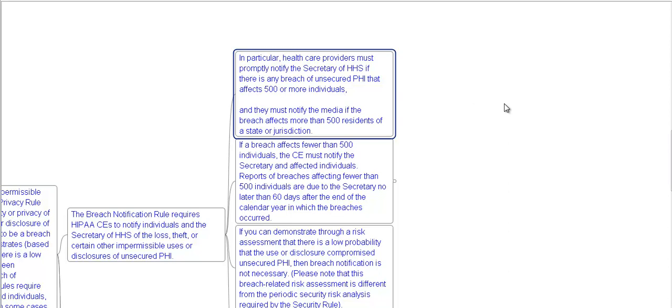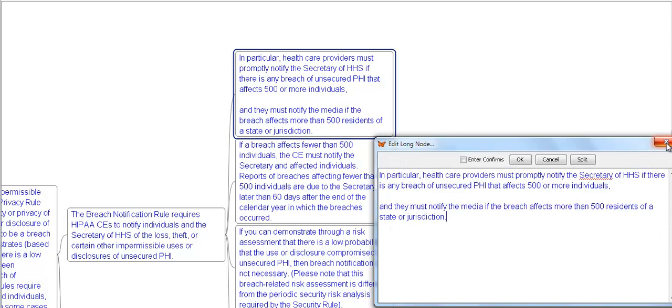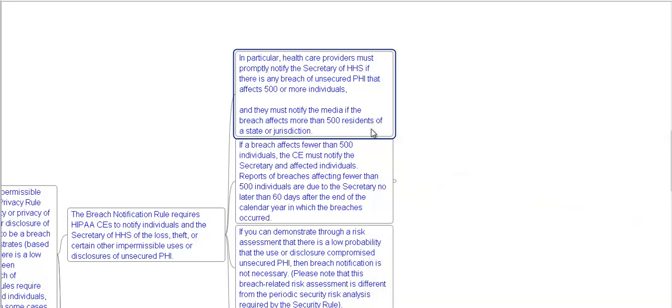In particular, healthcare providers must promptly notify the Secretary of HHS if there is any breach of unsecured PHI that affects 500 or more individuals, and they must notify the media if the breach affects more than 500 residents of a state or jurisdiction.